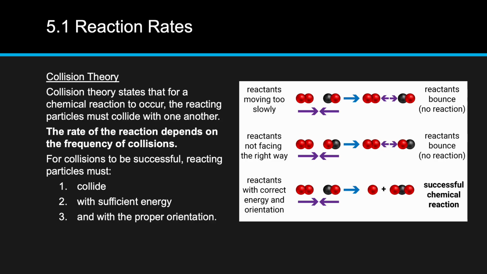The particles have to collide with enough energy to overcome the activation energy and with the correct orientation so bonds can break and new bonds can form. If particles move too slowly or collide in the wrong way, they simply bounce apart with no reaction. Faster reactions occur when there are more frequent and more effective collisions between particles.